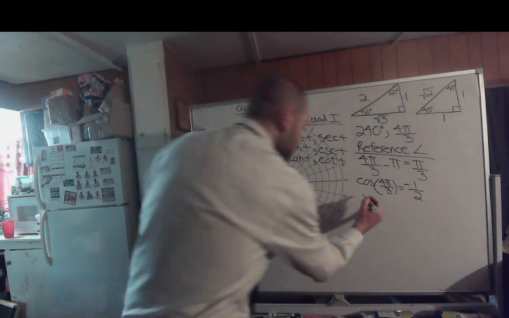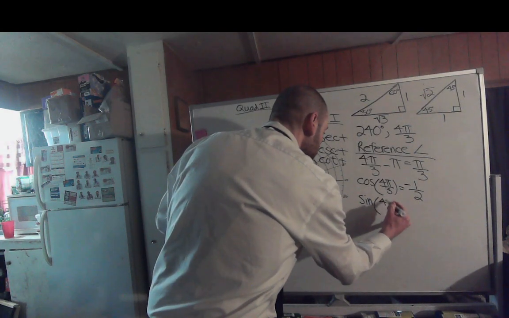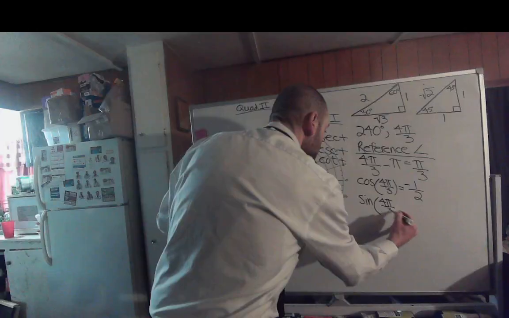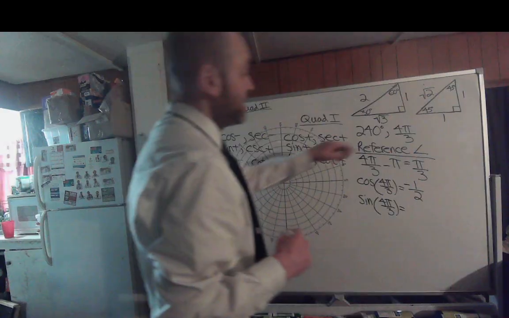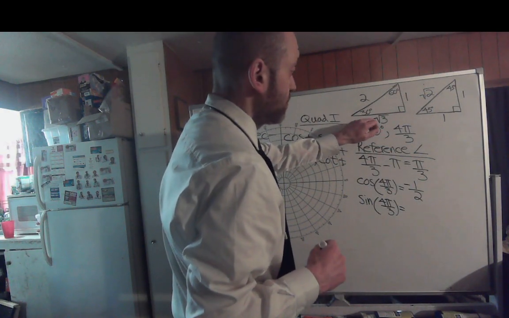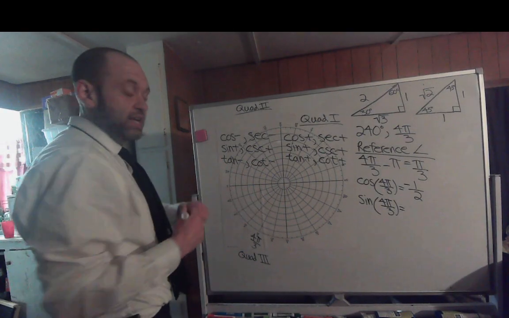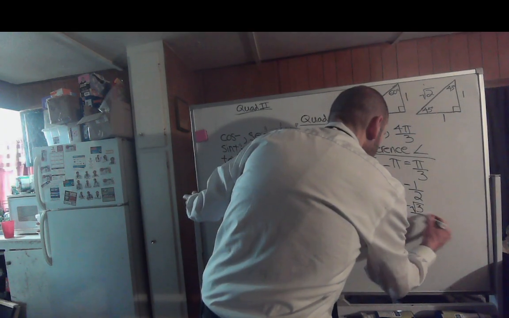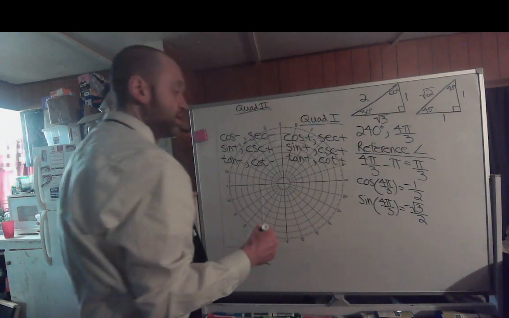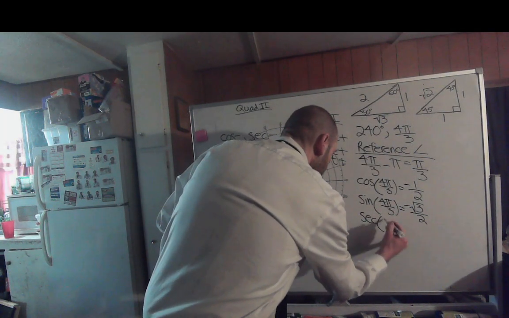Now what about your sine of 4 pi over 3? The sine of 60 would be square root of 3 over 2, but your sine's also negative in the third quadrant, so you'd get negative square root of 3 over 2 for your sine.